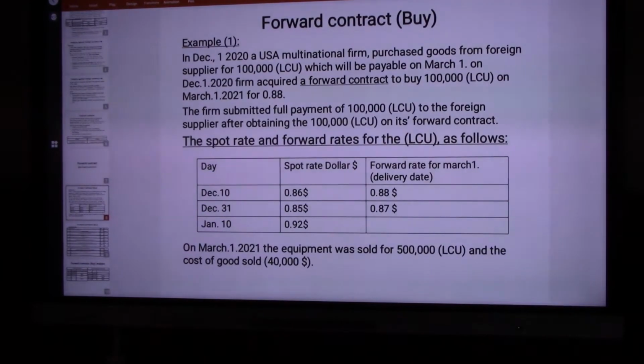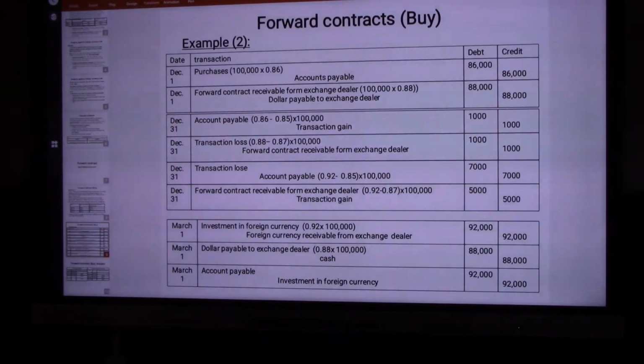But the contract between you and him was at 0.88. You will pay him at the fixed rate, and he protects you by hedging and bearing the risk on your behalf, at 0.92. Did we get the idea? He is going to provide you investment in foreign currency at 0.92, and the firm is going to pay him at 0.88, the rate we locked at the forward contract date.